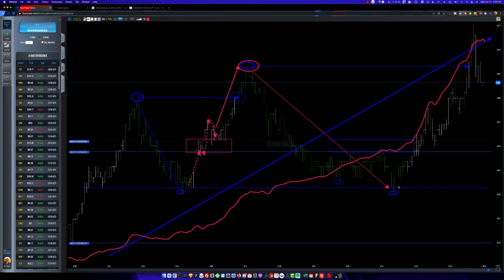At that time, we would want to start looking at our price targets. Ultimately, the initial price target is this area here where the divergence occurred and was indicated.